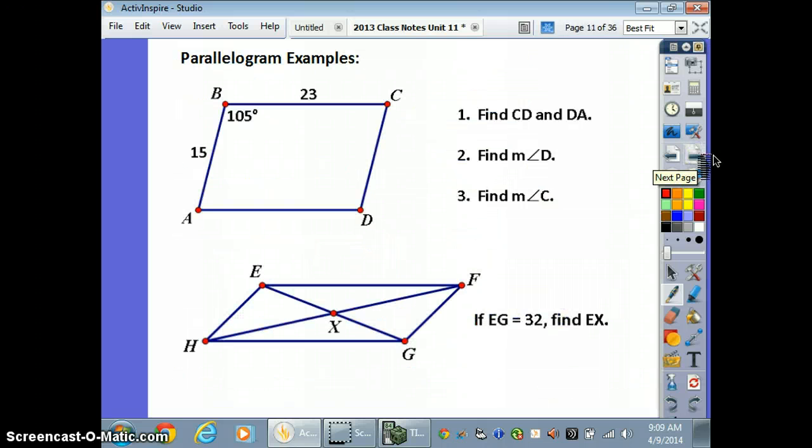All right, find the measurement of CD and DA, the side lengths. CD. Well, if this side's 15, so is this side. And DA, well, if this is 23, so is this. Opposite sides are congruent.